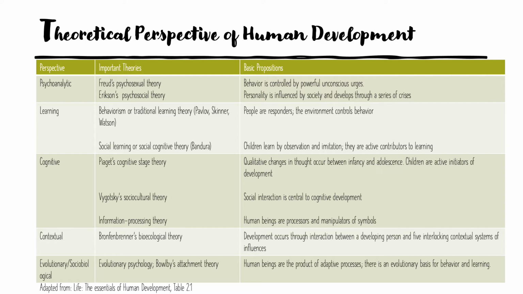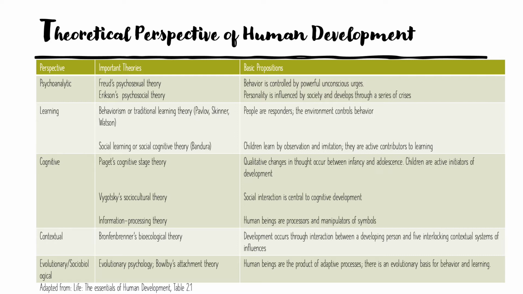Children are active initiators of development. Vygotsky thought social interaction is central to cognitive development, and then the information processing theory sees human beings as processors and manipulators of symbols. And we will explain later on what the symbols mean.